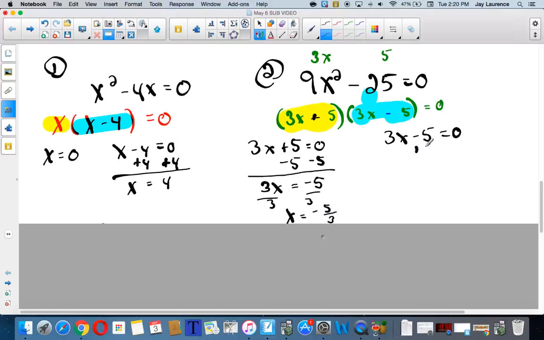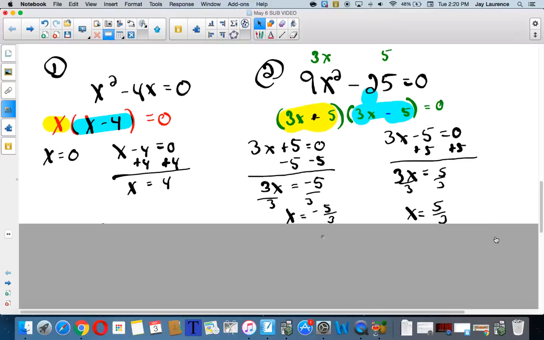Over here, I'm going to add 5 to both sides. And I should get 3x equals 5, dividing by 3 on both sides, and I will get x equals a positive 5/3. Okay? So if I want to use the quadratic formula on this, I would get the same answers.